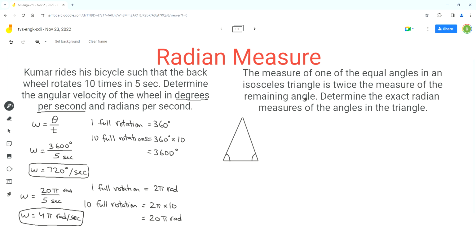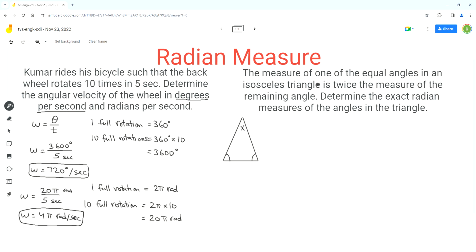Now, as per the problem, the measure of one of the equal angles in an isosceles triangle is twice the measure of the remaining angle. So let's assume that the measure of the remaining angle is x radians, and that will be this angle at the top of the triangle.